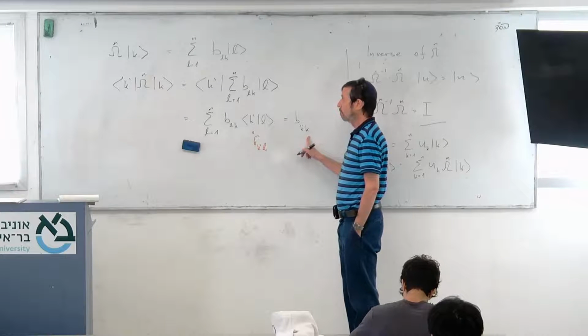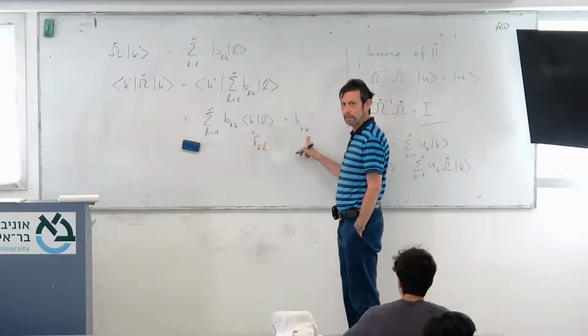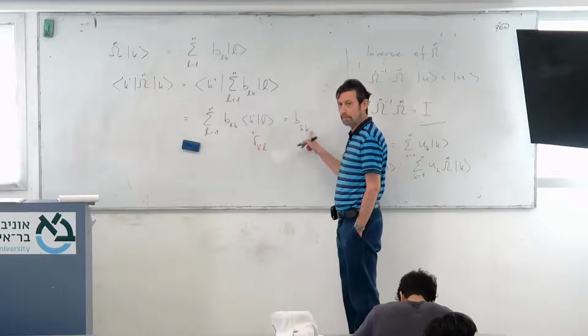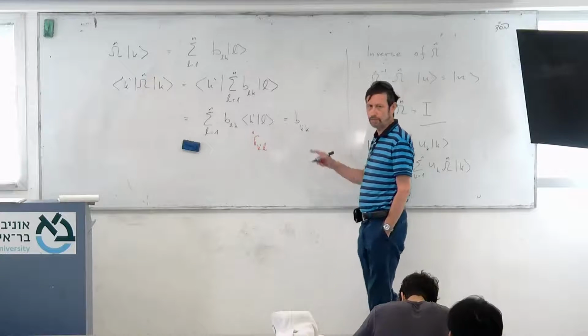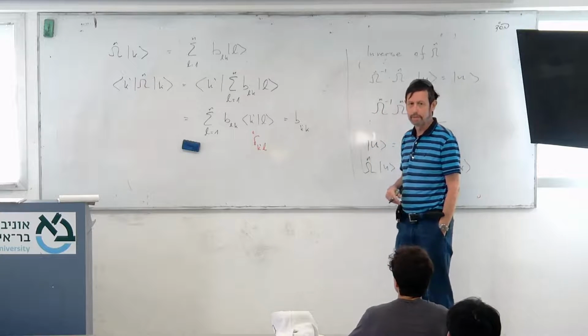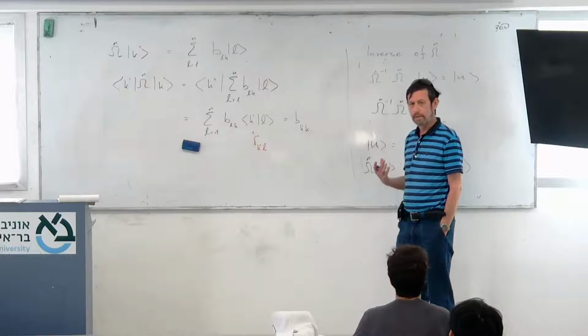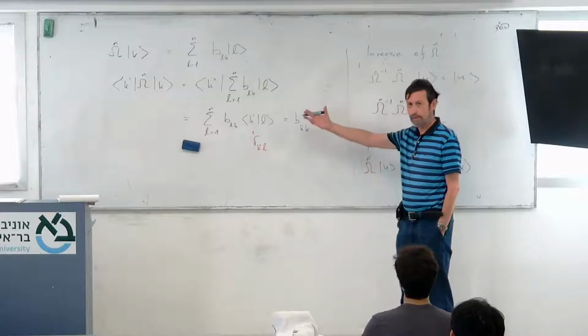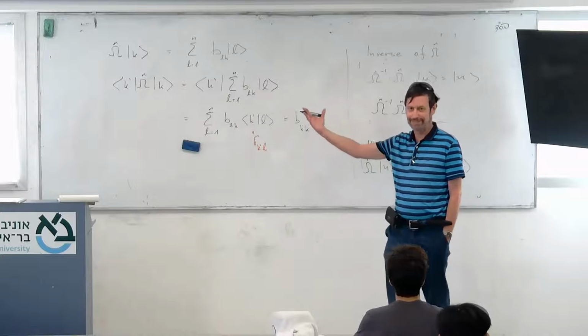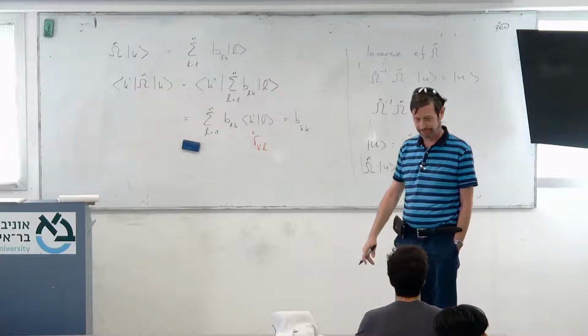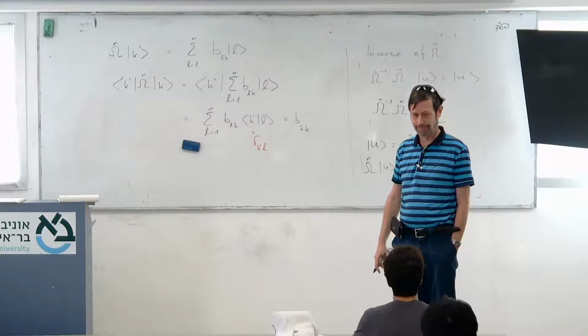Okay, so what did I learn from here? That k and k prime are orthogonal. No, that I knew by construction. If you use the operator on a basis vector, you always get a scalar.